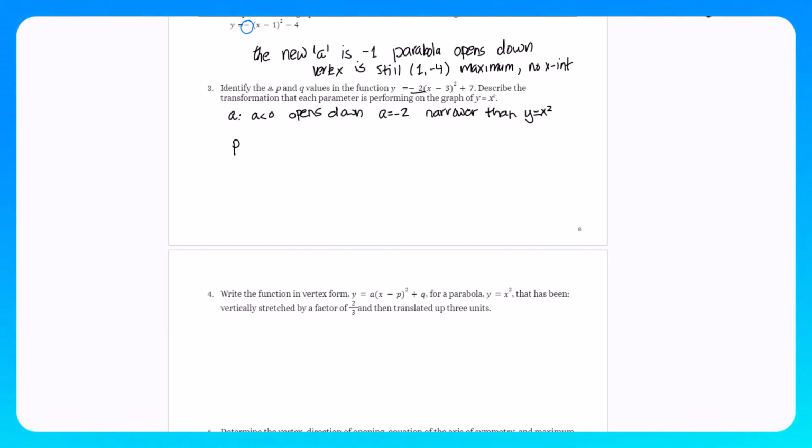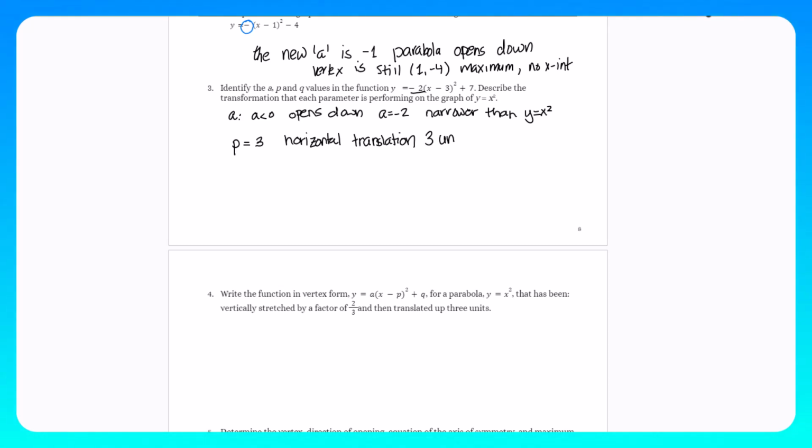Let's look at p. Well, p equals 3, so that's the same thing as, let's use that fancy new word, horizontal stretch. Not horizontal stretch, horizontal translation, 3 units.